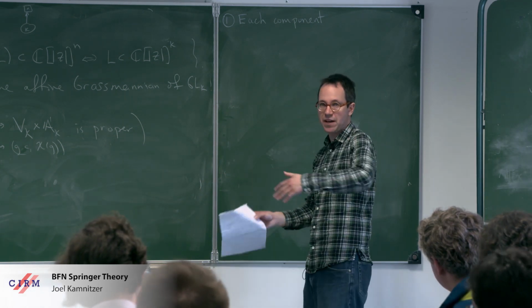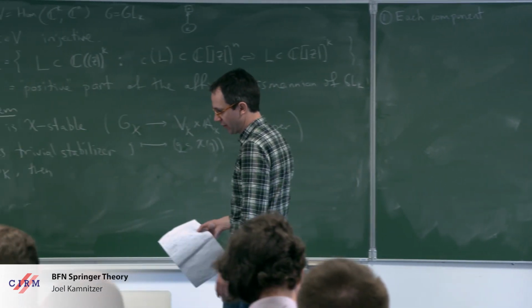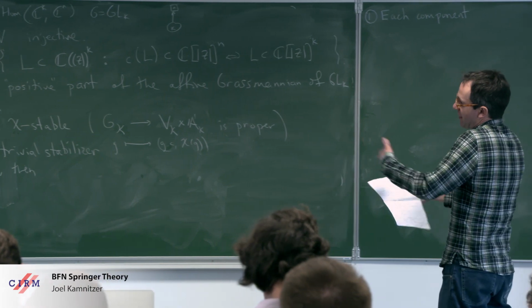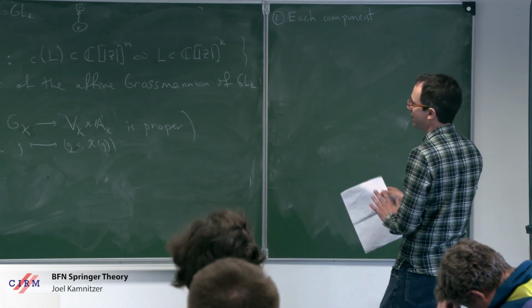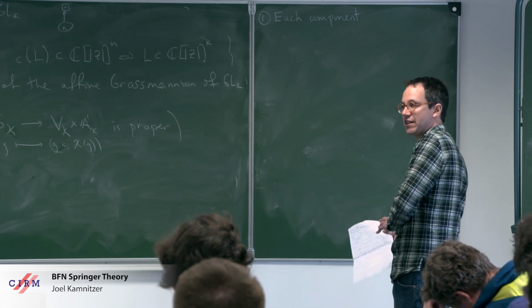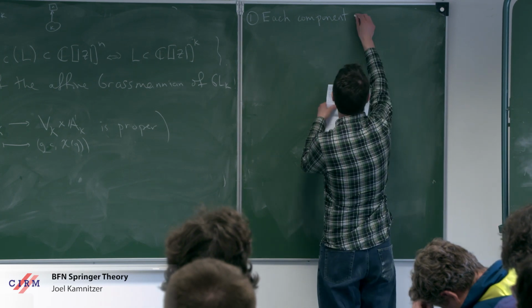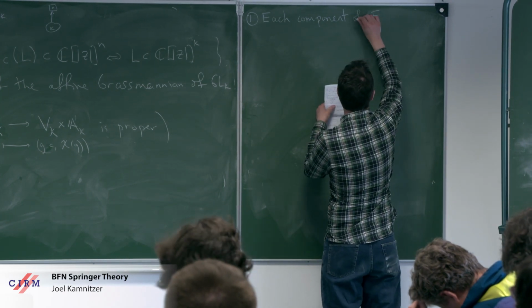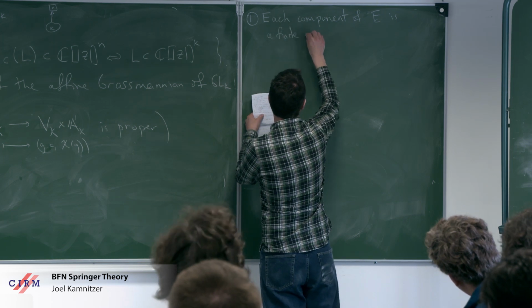So the affine Grassmannian will have maybe many connected components, and therefore F_C will have many connected components. F_C might even have more components than that, but by component of F_C, I mean the intersection of a connected component of the affine Grassmannian with F_C. So each component of F_C is a finite dimensional projective variety.